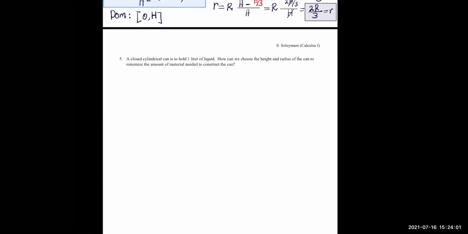Yeah, 1 liter is 1,000 cubic centimeters. That makes more sense. Because the liter doesn't have a cubic unit, I like to change it to a cubic unit. It's easier that way, trust me, because I think at some point we're going to involve cube roots, so this would be a good option.